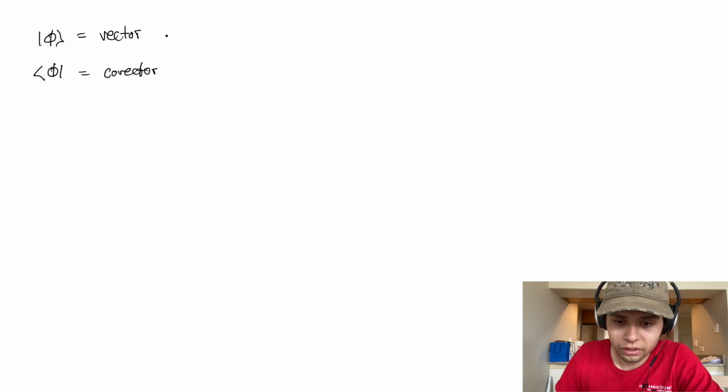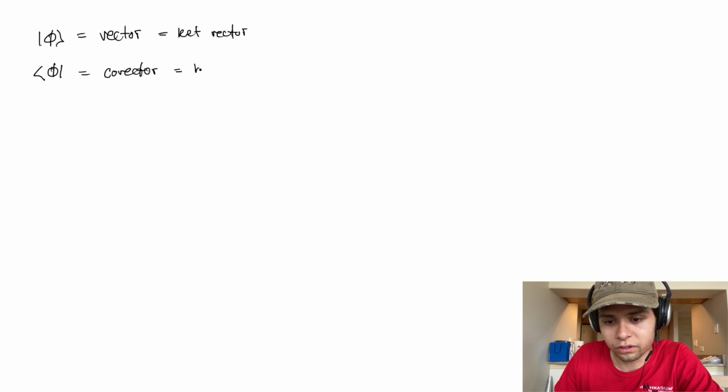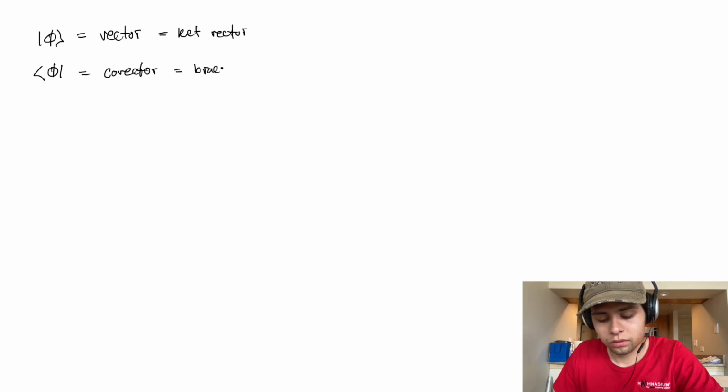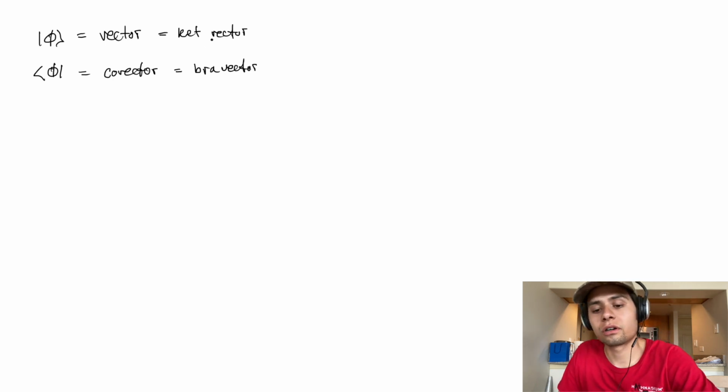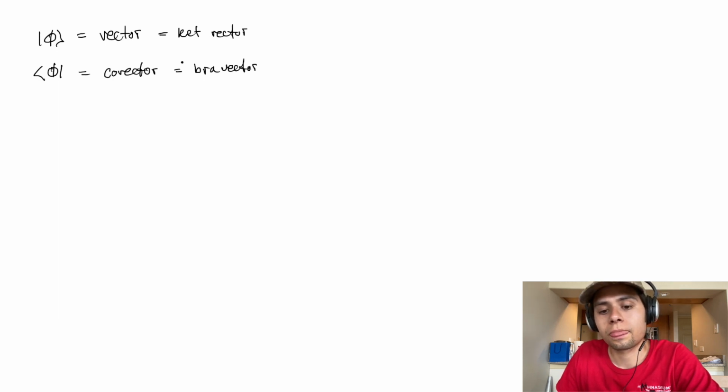So this is the same thing as a ket vector, and this thing can be thought of as a bra vector, such that when the ket vector is applied to the bra vector, we get 1 if the two states are the same. Similarly, a vector with a covector.